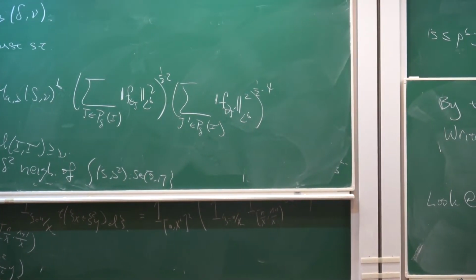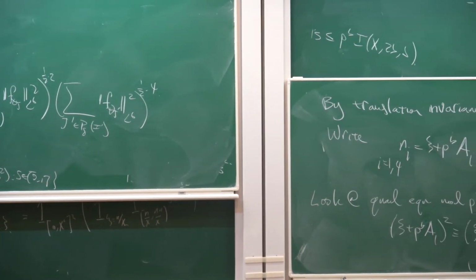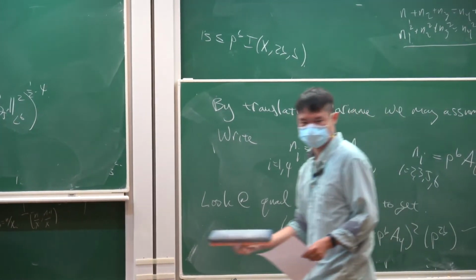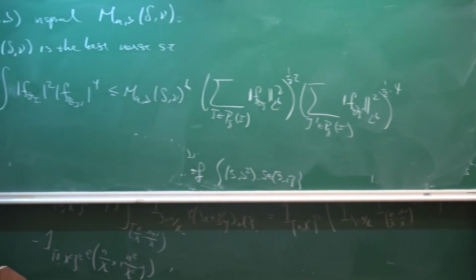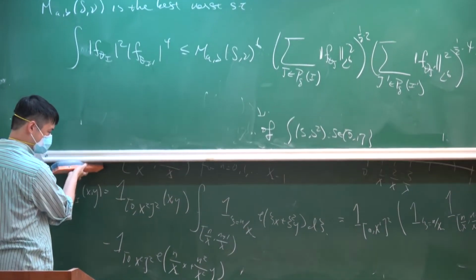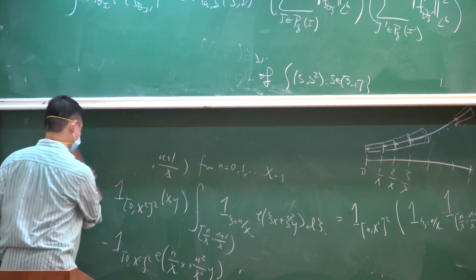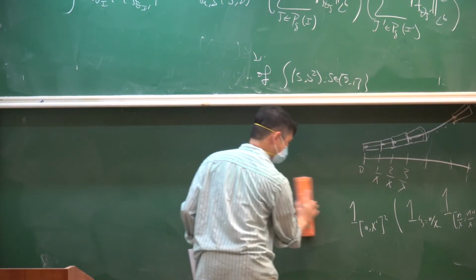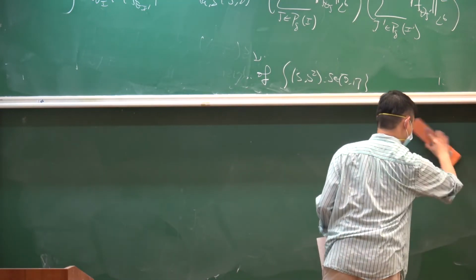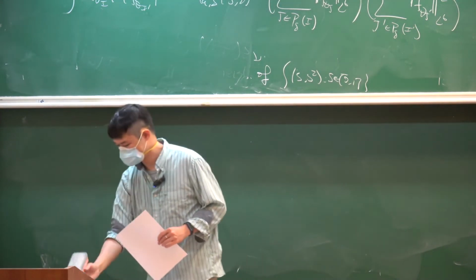I'll leave some of the details skipped because we've seen this proof like 3 times now, but just to illustrate the idea. Maybe I keep this up. Let's erase this one. Okay.